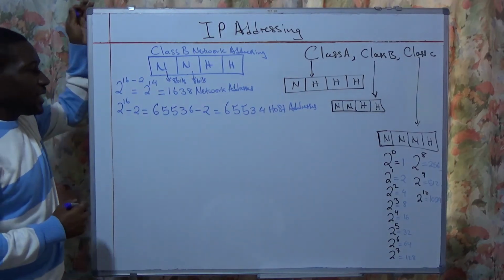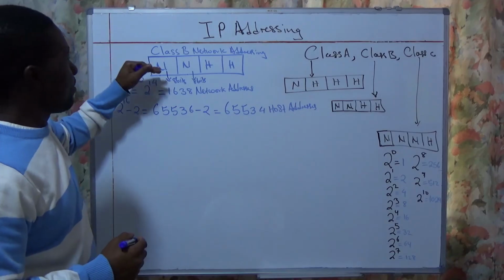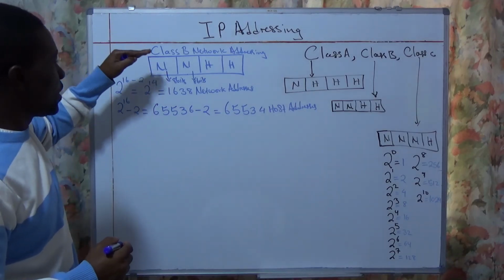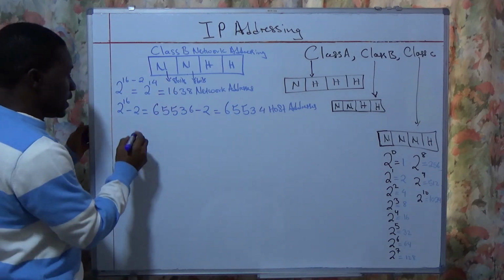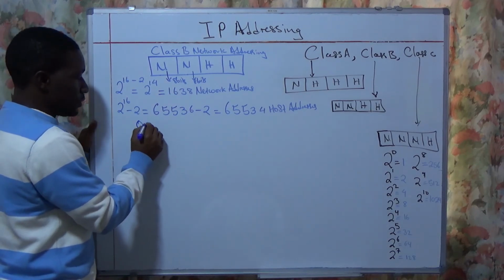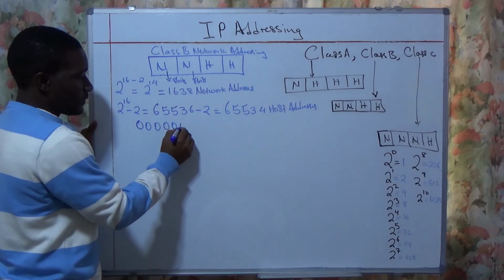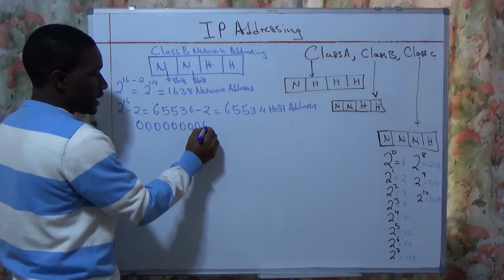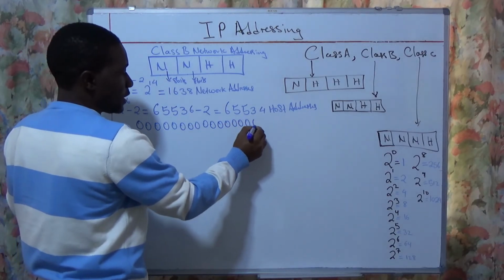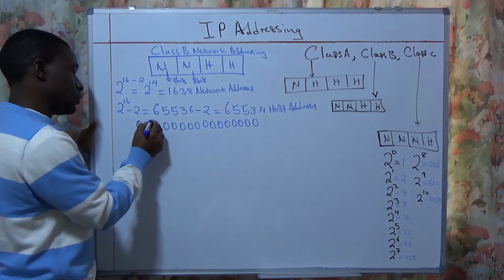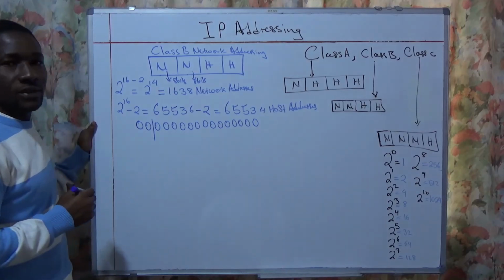Now, let us derive the number of networks we can have in class B. So 1, 2, 3, 4, 5, 6, 7, 8, 9, 10, 11, 12, 13, 14, 15, 16, and 2 are reserved.